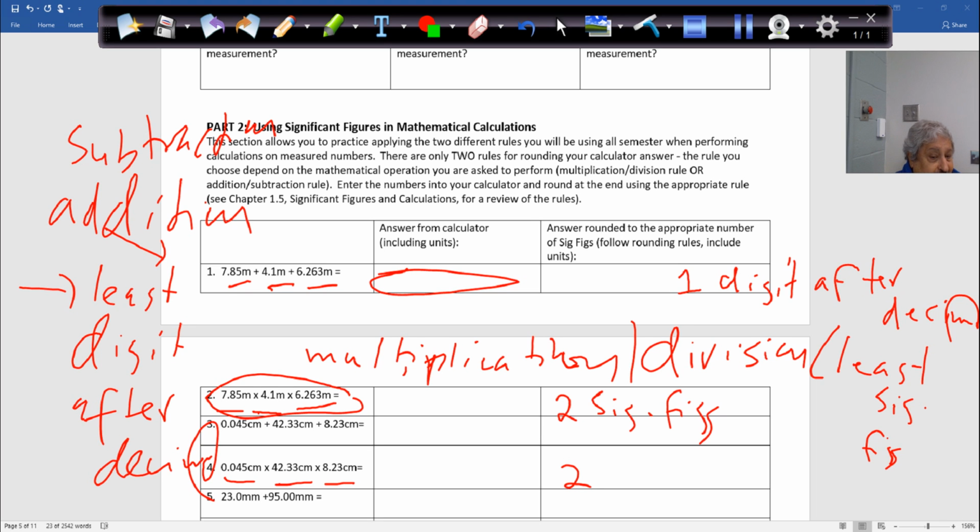However, this one here, how many? You have 3 digits, 2 digits, 2 digits. In this one here it will be 2 digits, not sig figs. 2 sig figs here, and here 2 digits. So depending on what you are doing, you can do this one here yourself. Okay, guys?